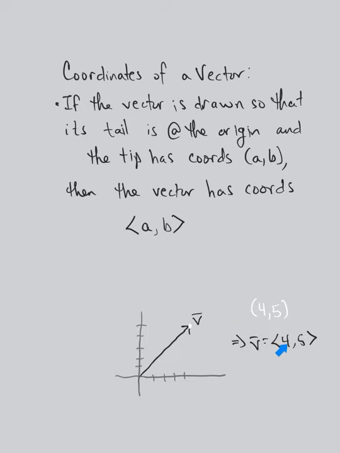All right, and so these are actually different things. They're highly related to each other, but they are completely different things in terms of interpretation, and that's the reason we use the different notation. Okay, and so the coordinates of the vector are angled brackets 4, 5. The coordinates of that white point, though, are parentheses 4, 5.